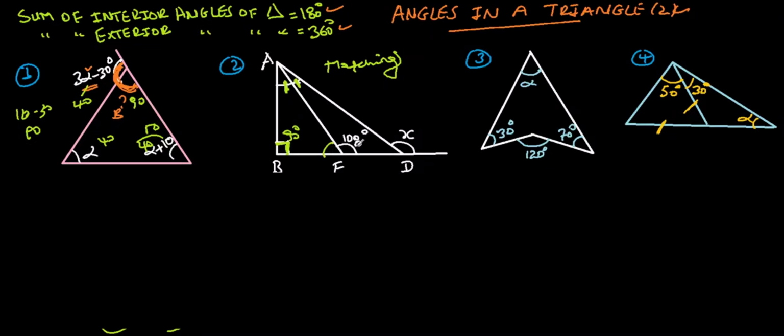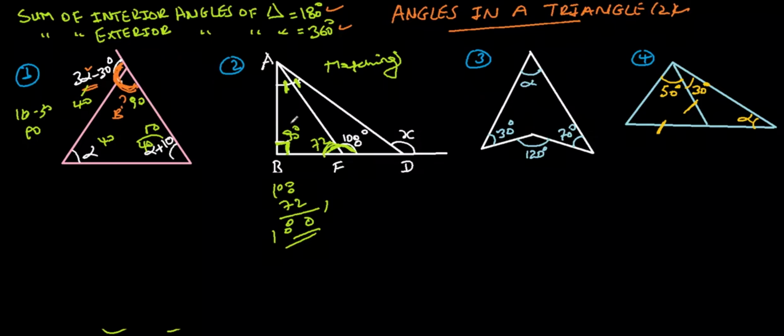This one is 108, so if you add them together they must give 180 degrees. So this will be 72, because 108 plus 72 is 180.